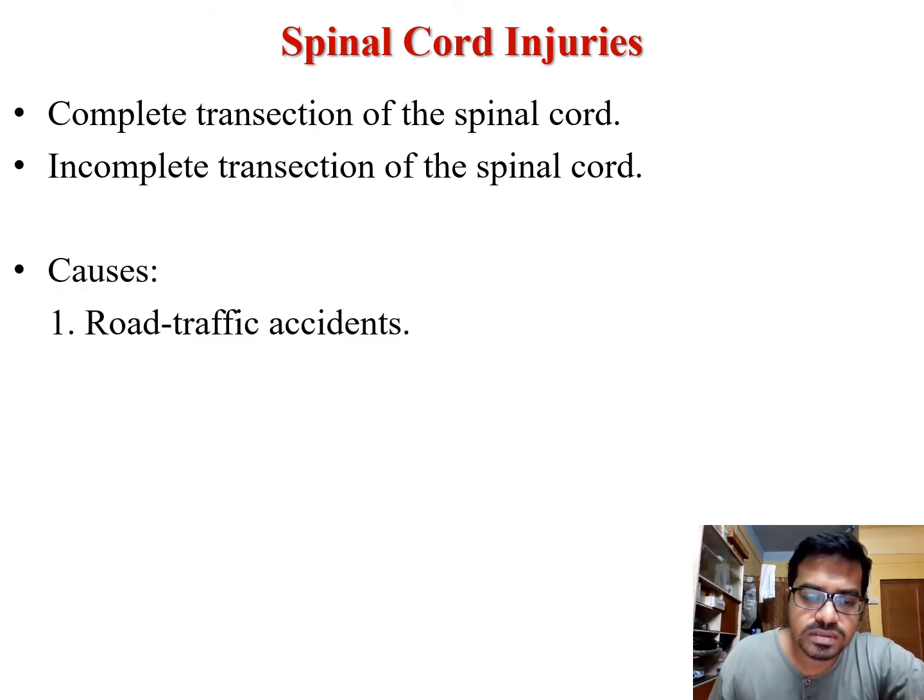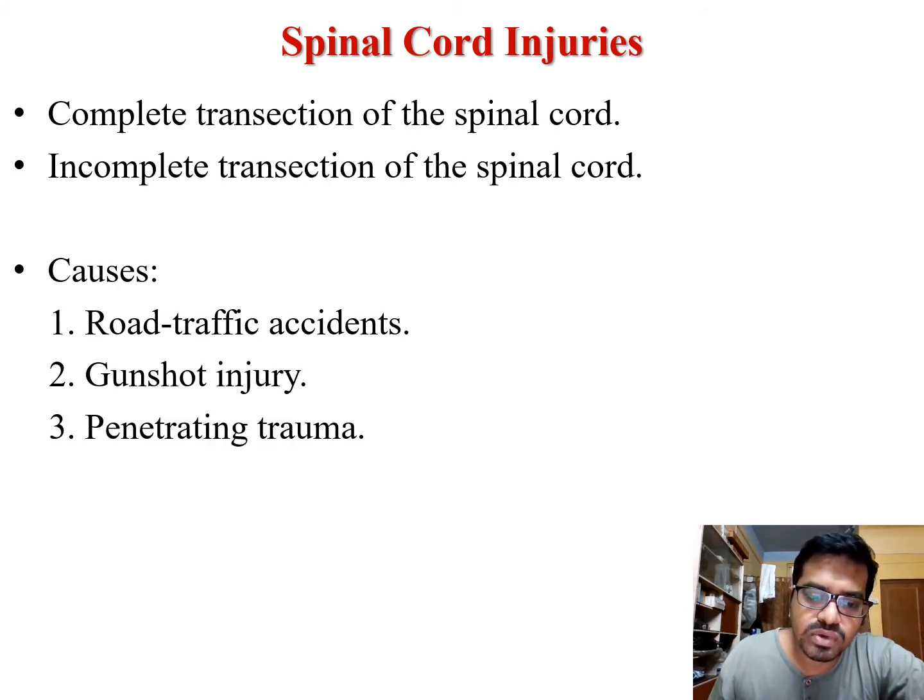First of all, the most common cause of spinal cord injury, whether it is transection, whether it is incomplete or complete, there are different other kinds of spinal cord injuries. The road traffic accidents are the most common worldwide. Thereafter, gunshot or other violent injuries or war injuries.